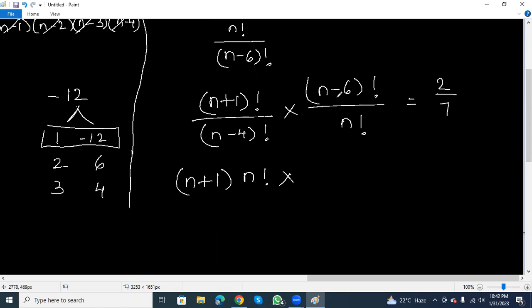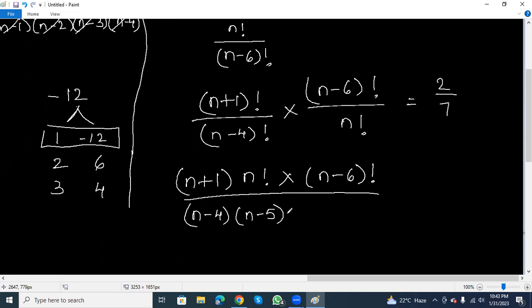Into n minus 6 factorial, divided by n minus 4 can be written as n minus 4, next, if we put minus 1 again, n minus 5, and n minus 6 factorial into n factorial is equal to 2 by 7. n factorial gets cancelled. n minus 6 factorial gets cancelled.